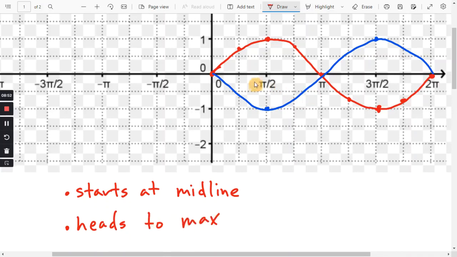Okay, so see the midline here is the horizontal line that splits the sine wave in half. So the midline here is just the x-axis, y equals 0. See, it starts at the midline, heads to the maximum.